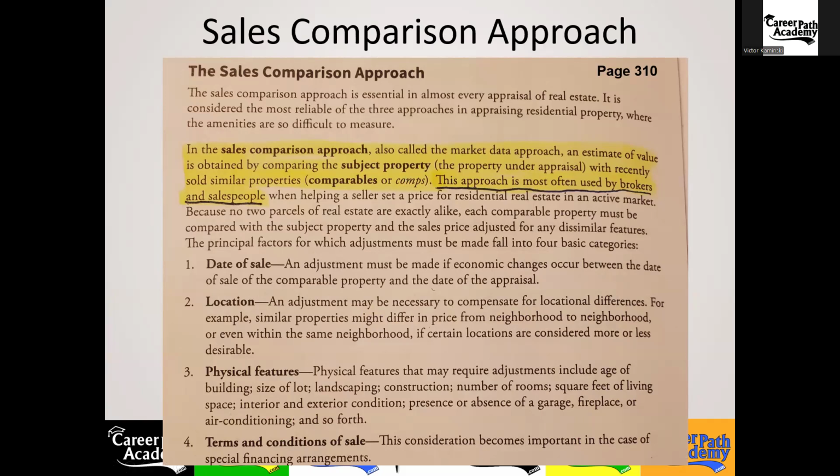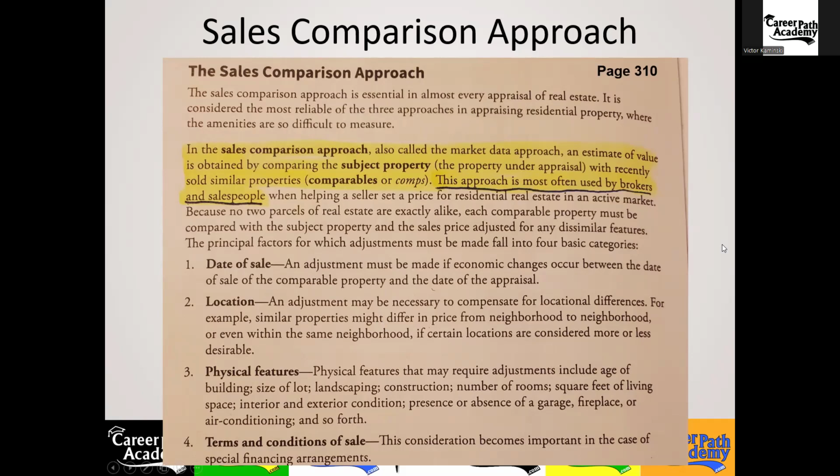Now, this is the approach most often used by brokers and salespeople. You may get a question on an exam like that. What are the three approaches to value, and which is the approach most often used by salespeople? There you go, sales comparison approach.